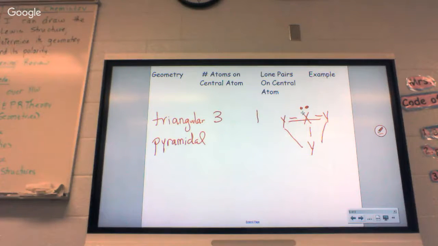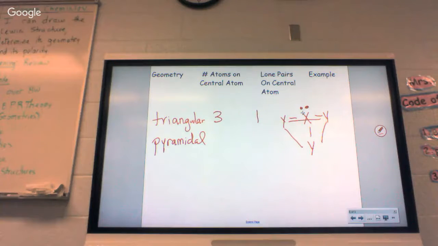It says I bond between I. So what's the geometry? You've got no central atom. All right, jump down to number 4. What's the central atom? How many lone pairs? How many atoms going around it? So what's 3 and 0? Triangular planar.